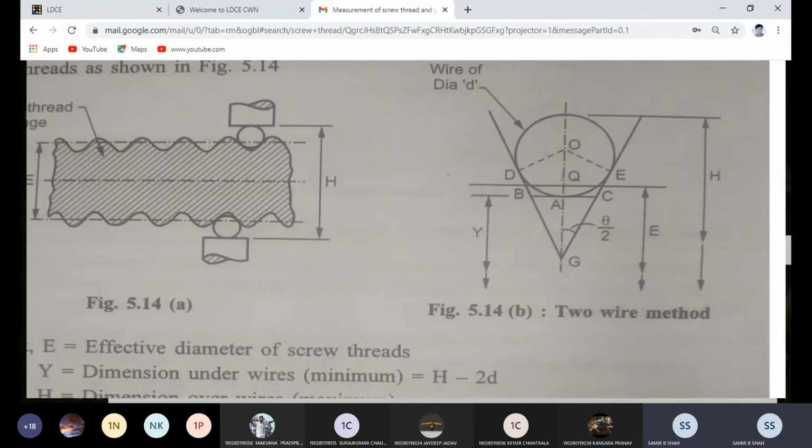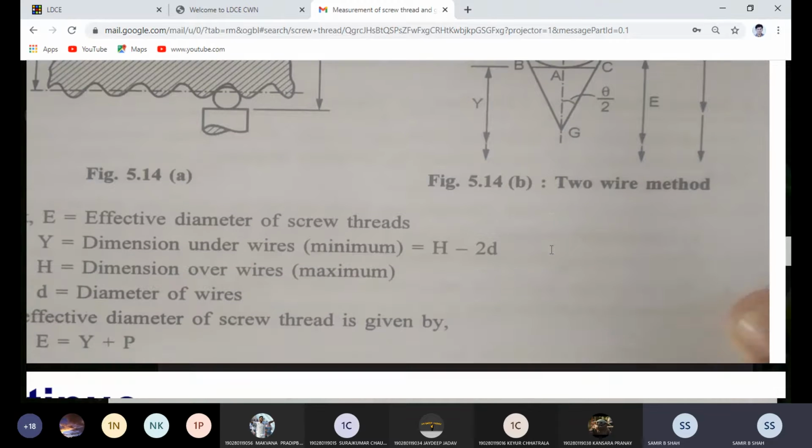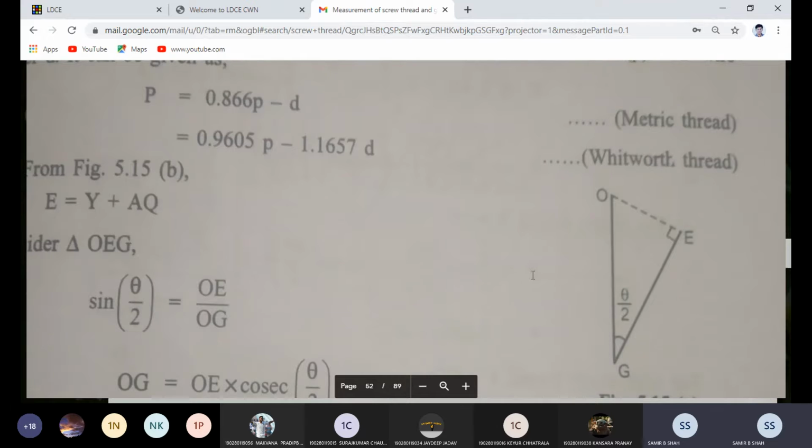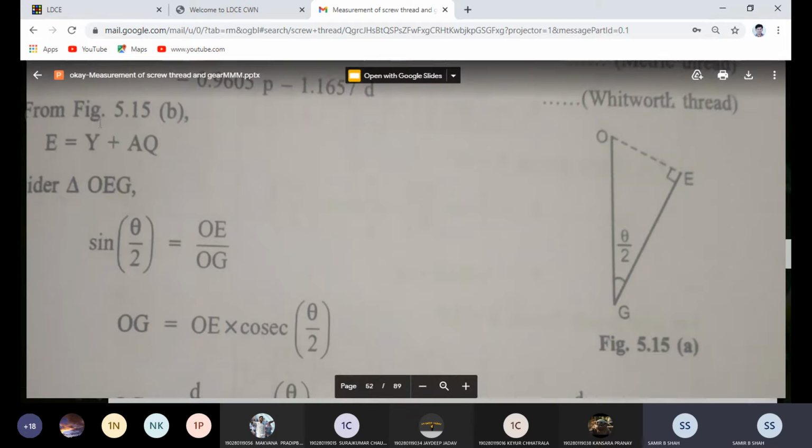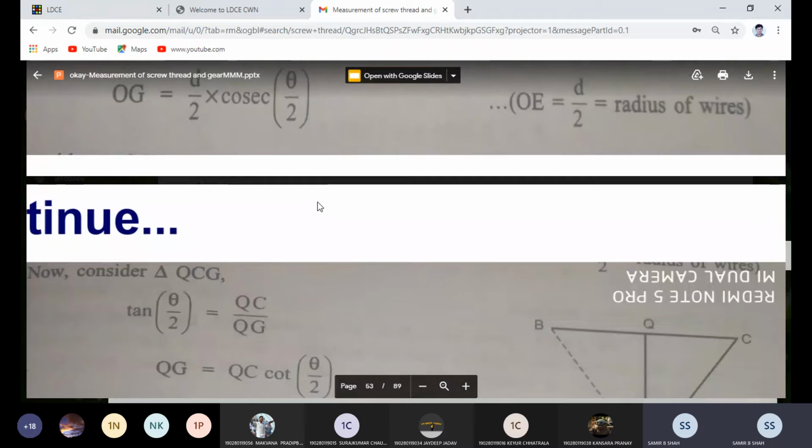Now we are focused on this triangle. Okay, initially I just show you the diagram. You can just see here. One thing, that E is equal to y plus AQ from this figure.